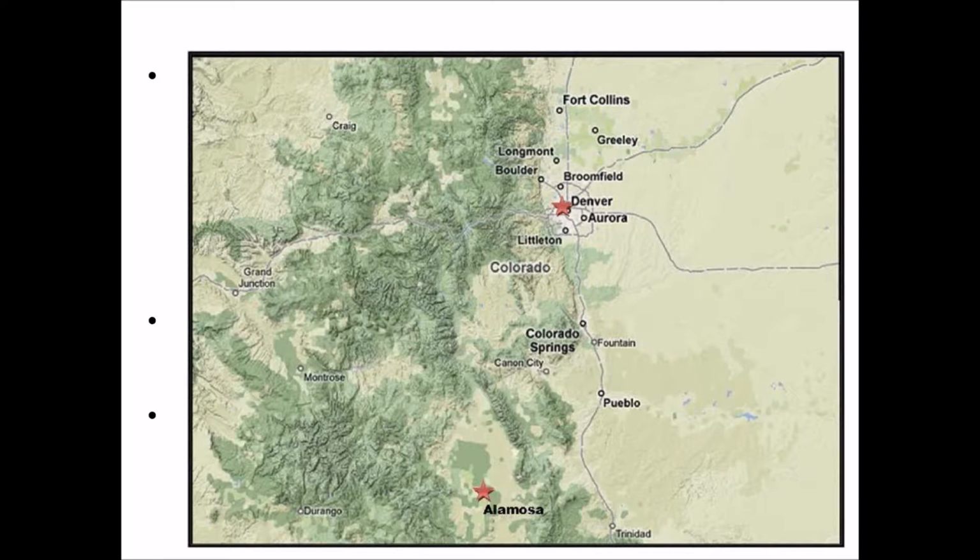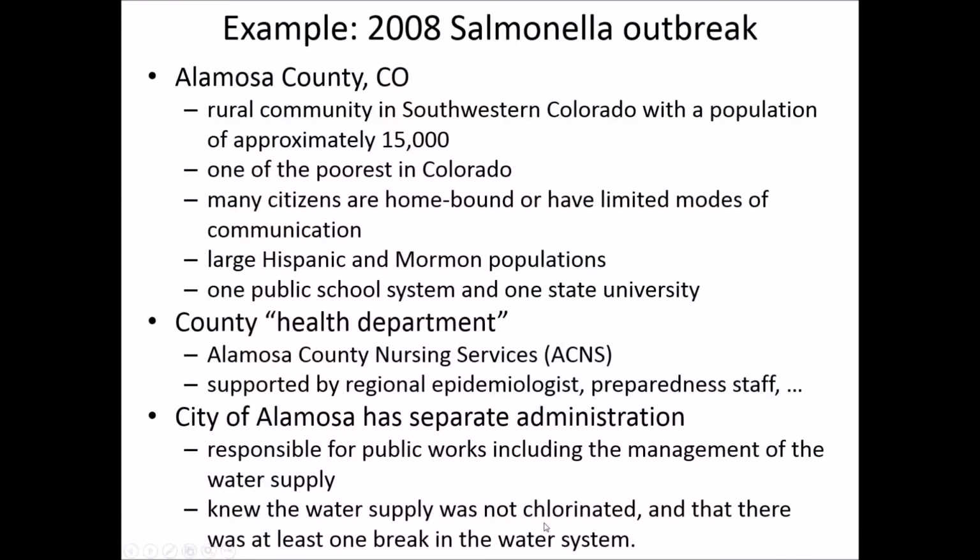It's about 4 hours south of Denver. Many of the citizens are, well, I'll show you the map. Alamosa is way down at the bottom here. Many of the citizens are homebound or have limited modes of communication. There are large minority populations, Hispanic and Mormon. And there's one public school department and one state university in the county.